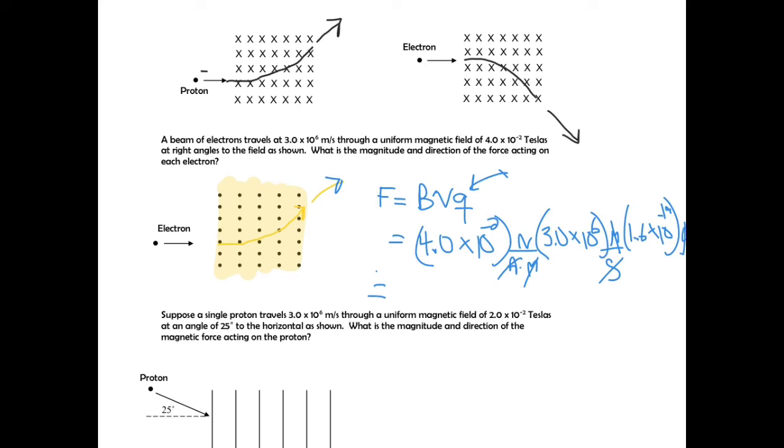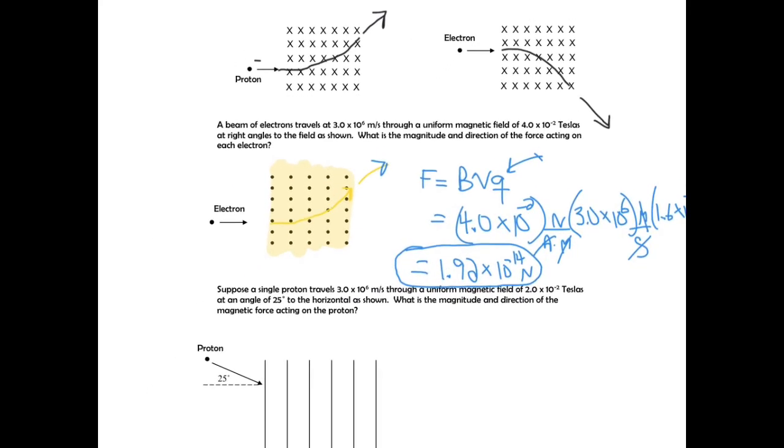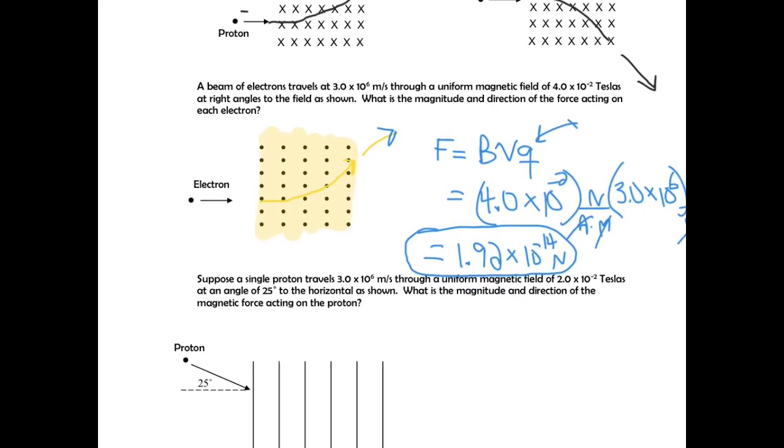And just doing the math here, it looks like we have 1.92 times 10 to the negative 14 newtons, which is a tiny force, but the electron has such little mass that it's very easy to accelerate and manipulate an electron, which is why magnetic fields are a great way of doing that.